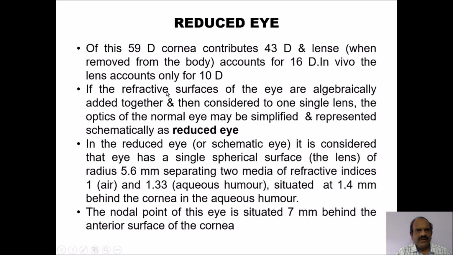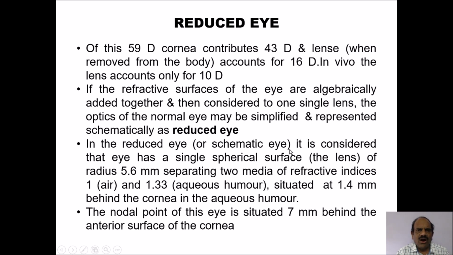If the refractive surfaces of the eye are algebraically added together and then considered as one single lens, the optics of the normal eye may be simplified and represented schematically as the reduced eye.